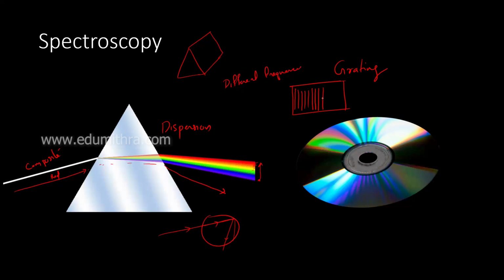But it is not that easy. You may think you can simply draw it on a glass, but when you look closely, there should be at least 1000 or 2000 lines per centimeter. So within a centimeter you should be able to draw some 1000 lines.